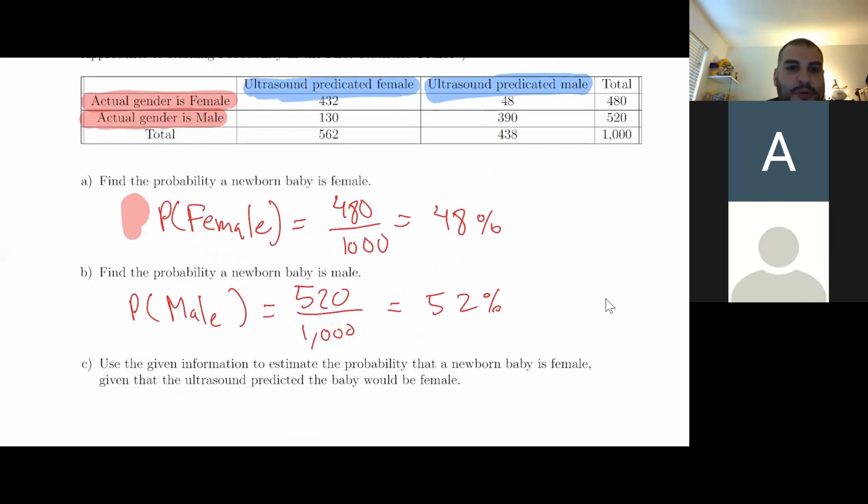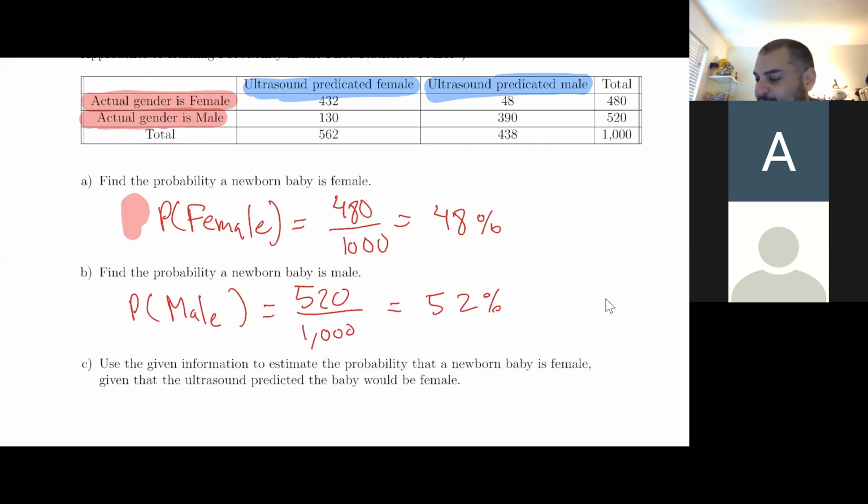C is where the conditional probability comes into play. It says use the given information to estimate the probability a newborn baby is female, given that the ultrasound predicted the baby would be female. If you look at it, they already told us one of these things has already happened.